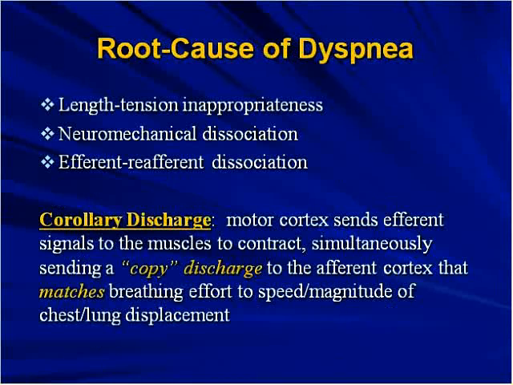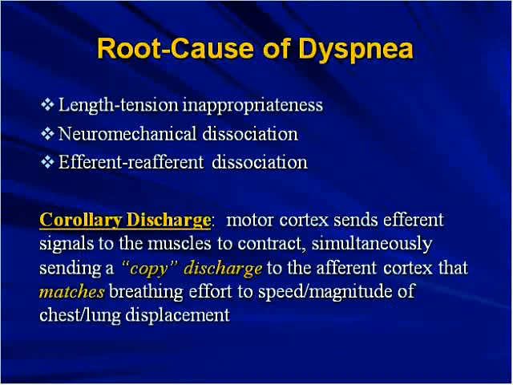Now, the root cause of dyspnea goes by three different terms. It's called length tension inappropriateness, or neuromechanical dissociation, or efferent-reafferent dissociation. Those are kind of loaded words.